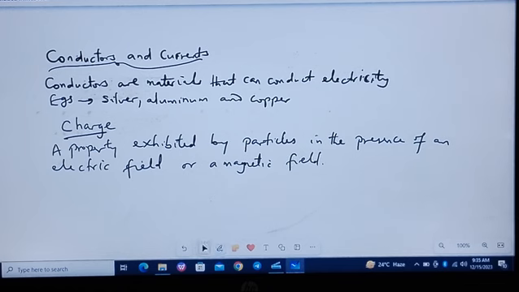So the behavior a particle exhibits when you bring it close to a magnetic field or an electric field is simply described as charge.